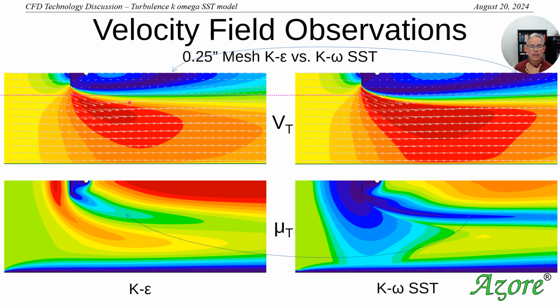And therefore in the K epsilon turbulence model, you'll notice that the velocity structure and the mixing happens more quickly, whereas you have a fine line in that velocity gradient that persists much longer. So those are the observations that we have here between the differences between the turbulence models, the velocity structures, and how the velocity structures really respond to the differences in the predictions of the turbulent viscosity.